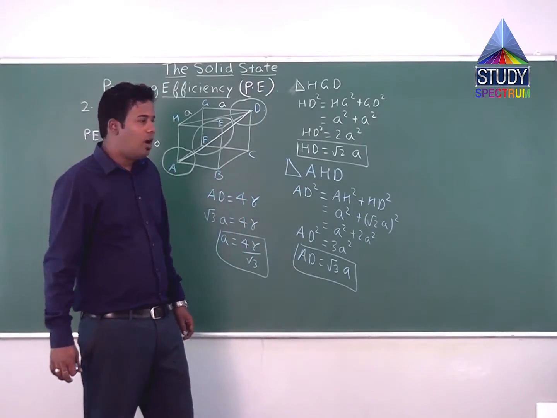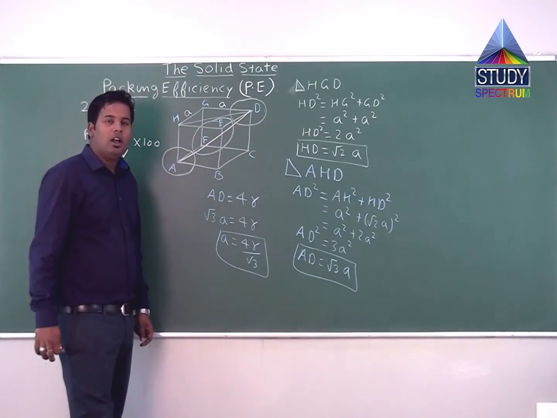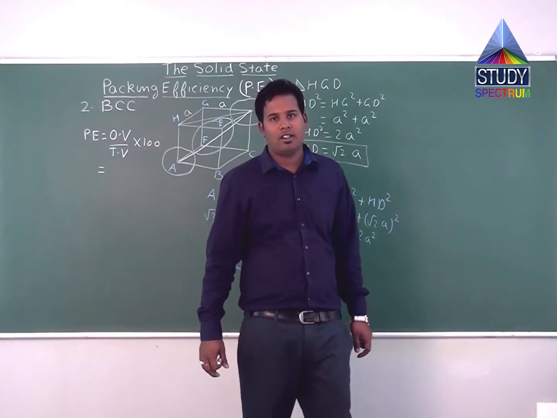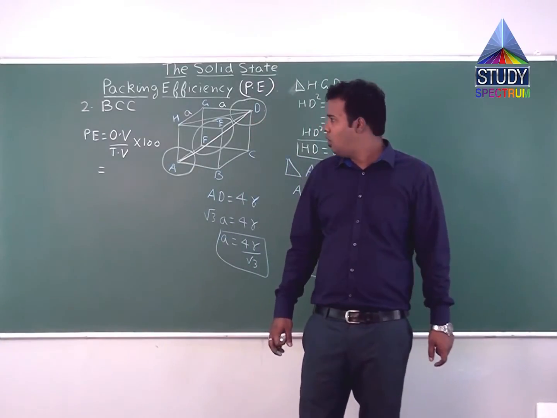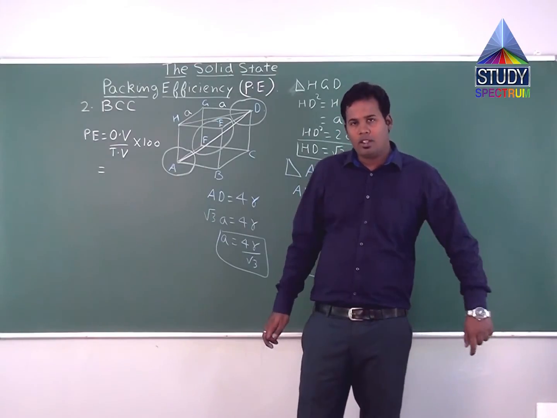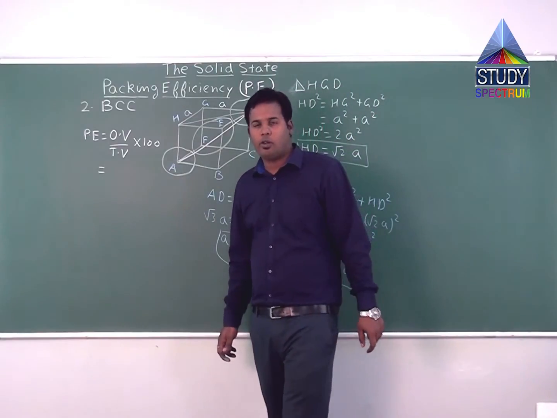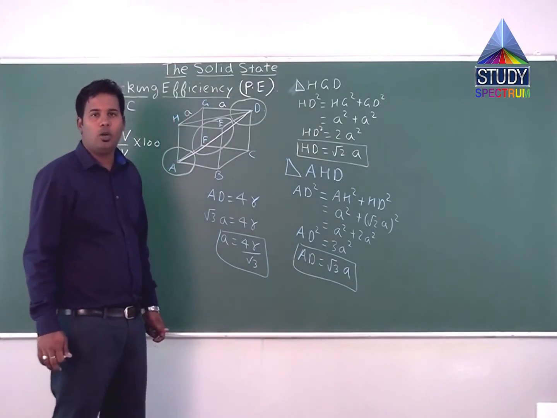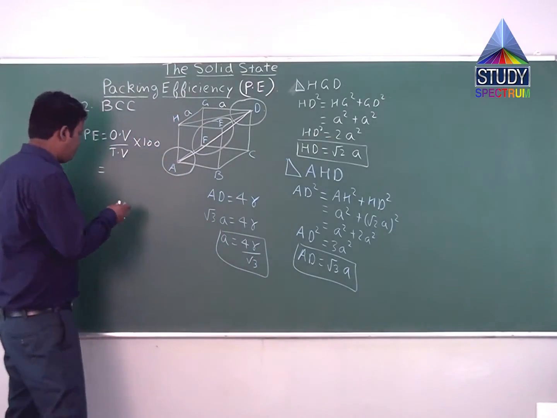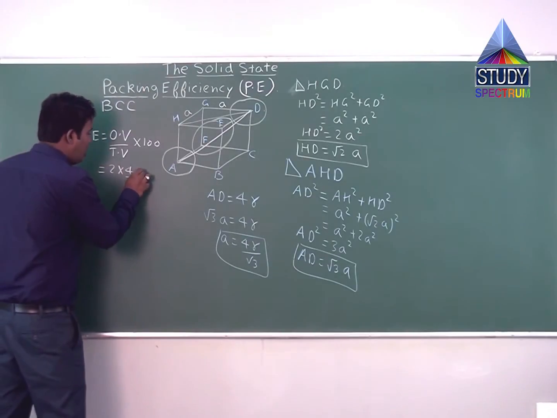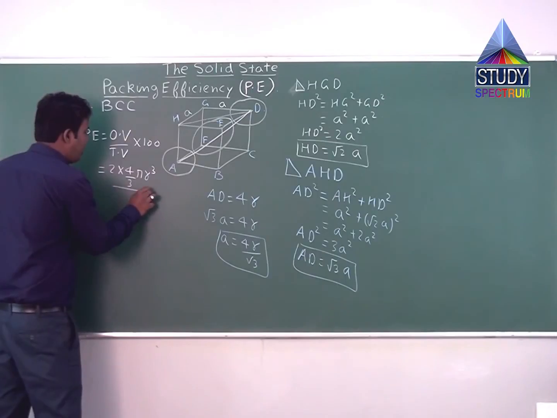Now since occupied volume means the volume of each sphere into the number of spheres present in the unit cell, and like I said, the volume of a sphere is 4/3 pi r cube, as you have studied in lower standards also in mensuration, the occupied volume becomes nothing but 2 into 4/3 pi r cube, divided by the volume of the unit cell.